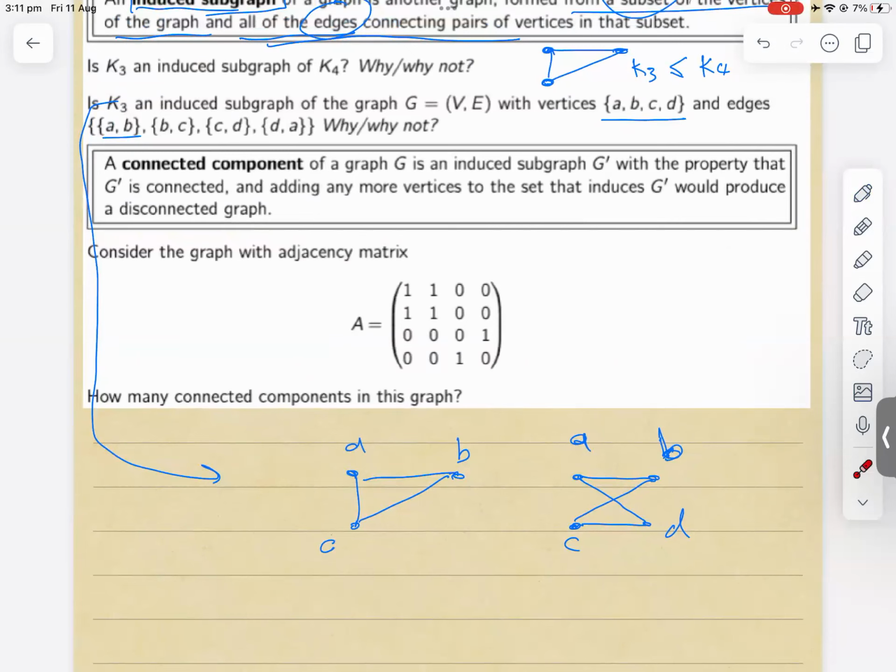I choose a subset of that one, this one and this one. Then I have a pair of this one, a pair of this one, but I don't have this one. So I believe that K3 is not an induced subgraph of G.